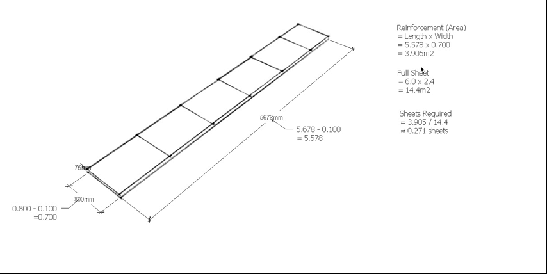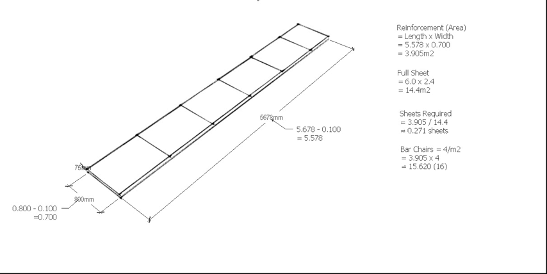If you needed more, you'd work out how many sheets you need. 3.905 divided by 14.4 tells you we only need 0.2 of a sheet. So you might buy a smaller sheet, or you might just have an offcut. If the job was bigger, you might have needed more than one sheet, maybe 2. So that's how you work out how many sheets you need for this footpath. In this case we have to buy 1 if we don't have any around.